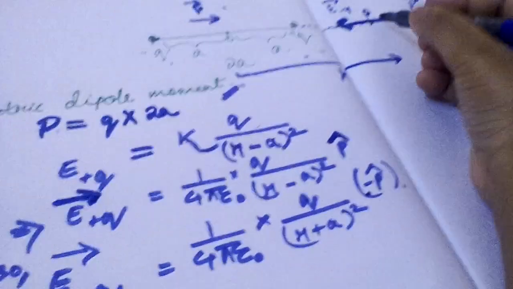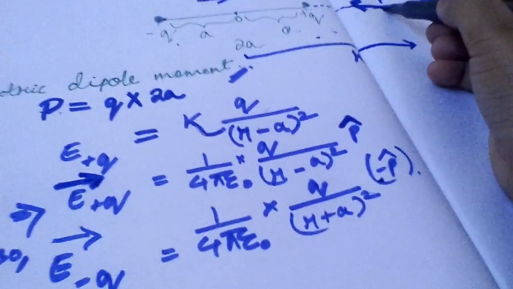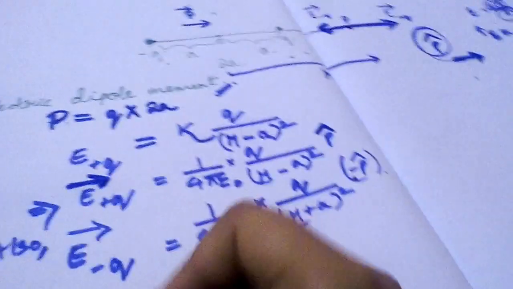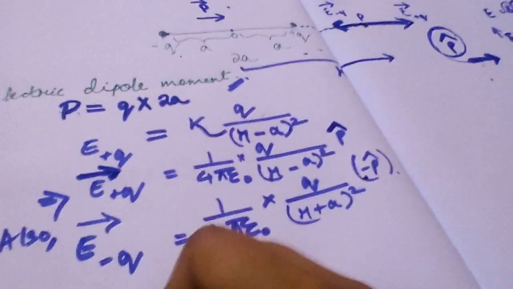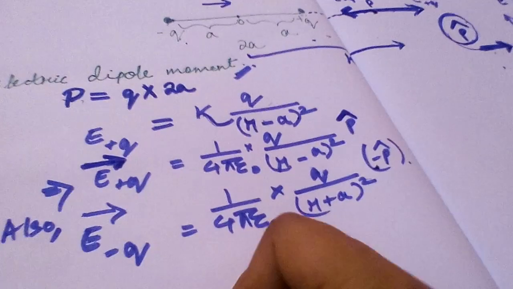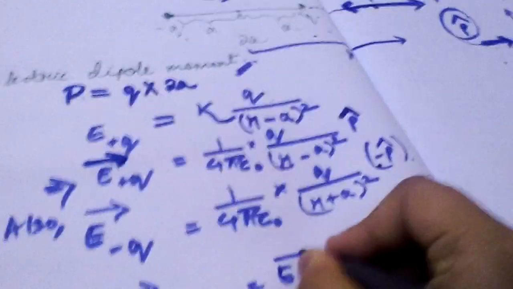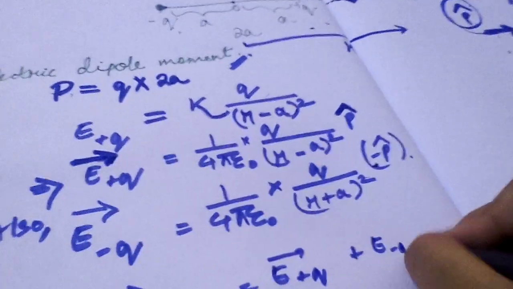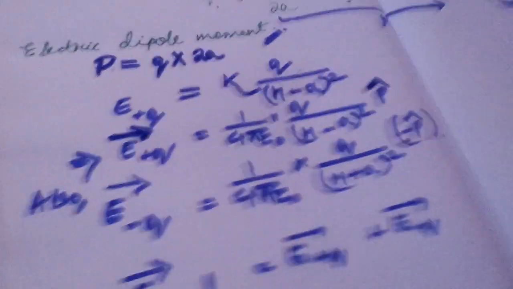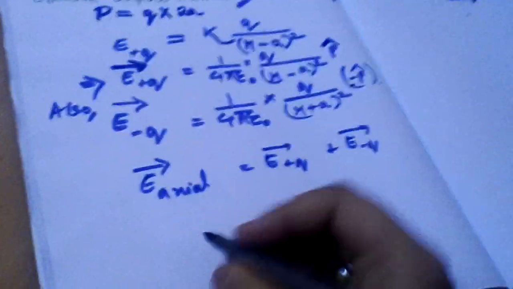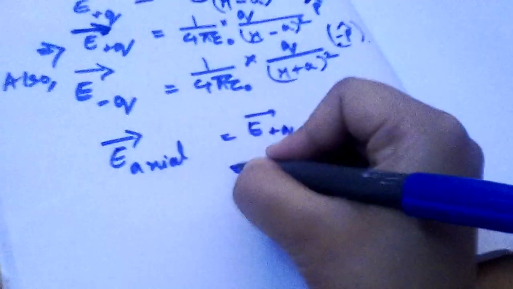Simple, we are going to find the resultant field intensity at this particular point P using the principle of superposition. So E axial equals E plus q plus E minus q, which is equal to, just plug in the values.